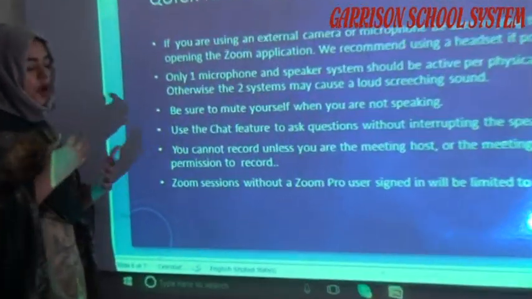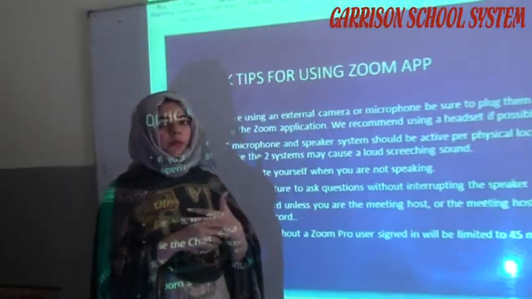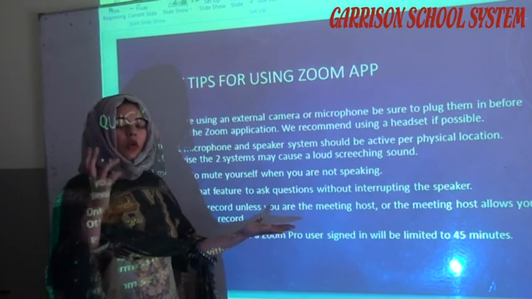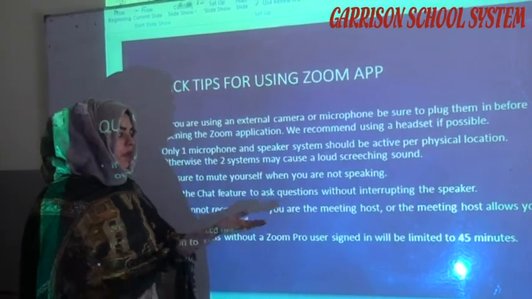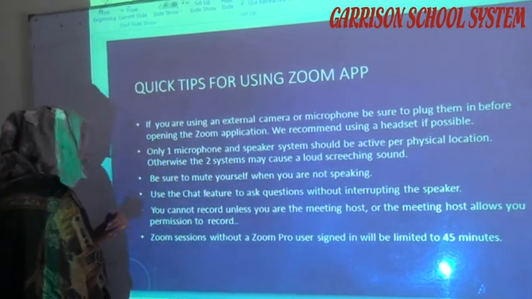Secondly, if you are going to ask a question, or if you are not hearing properly, if you have some voice problem or any other problem, you can mention that in the chat box. We will be looking, there will be one person who will be looking at all those things. So we will try to solve that at the very first.